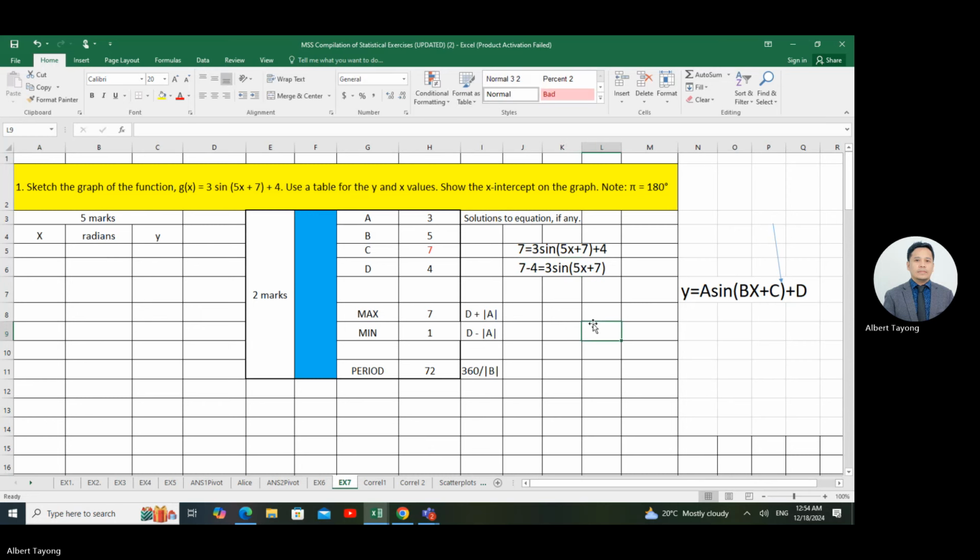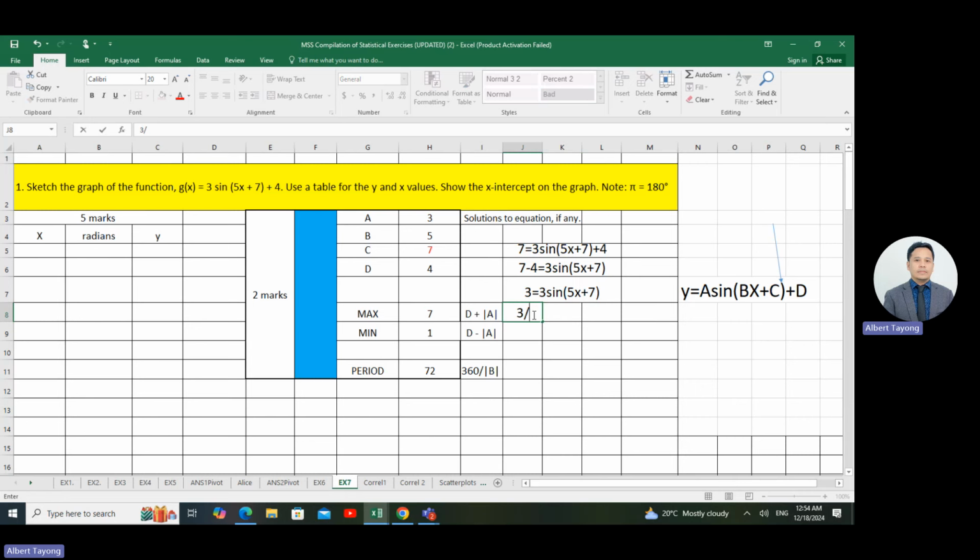Okay. Then, of course, 7 minus 4 is equal to 3 equals 3 sine 5x plus 7. That is because of 7 minus 4. Then, of course, we have to divide both sides by 3.